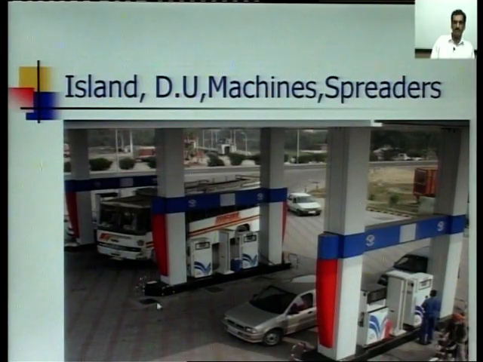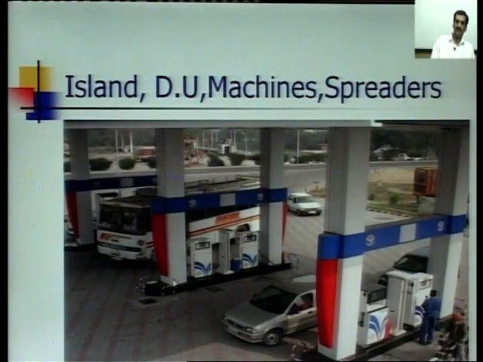These are the chambers, and here these are the islands. These are the columns, and here we have a canopy on the top. This is a typical picture which shows islands and DUs. DUs are the dispensing units or machines, and then again spreaders.